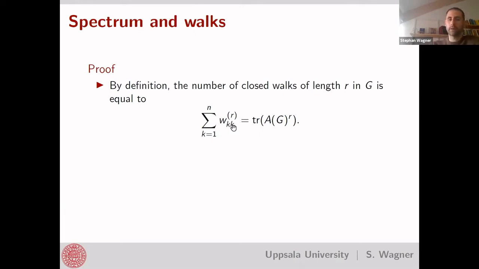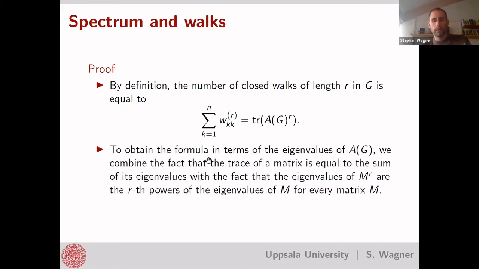Right? Start and end must be the same. This counts how many walks there are that start at vertex k, end at vertex k, and take precisely r steps. Summing all of these, I get precisely the number of closed walks of length r, and that's precisely the diagonal entries in the rth power of the adjacency matrix by what we've seen before. So that's the trace, the sum of the diagonal entries.